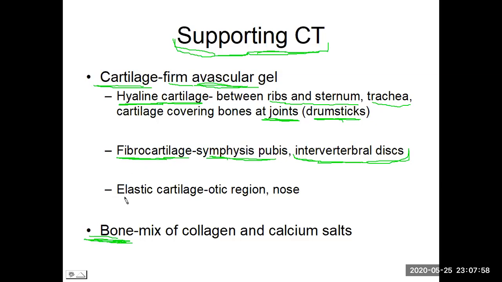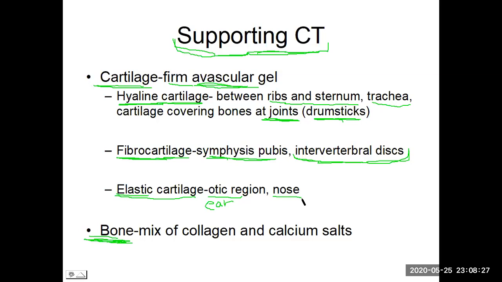And the last type, elastic cartilage, this elasticity is afforded from the elastic fibers that run through this type of cartilage, making it extremely flexible and allowing it to recoil once stretched and distorted. So here's that term otic, right? Otic, of course, meaning the ear, as well as the cartilage of our nose.